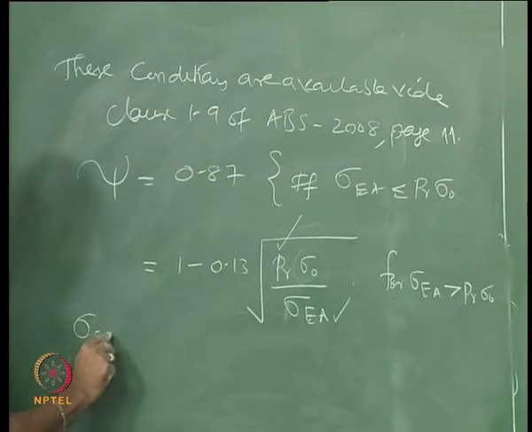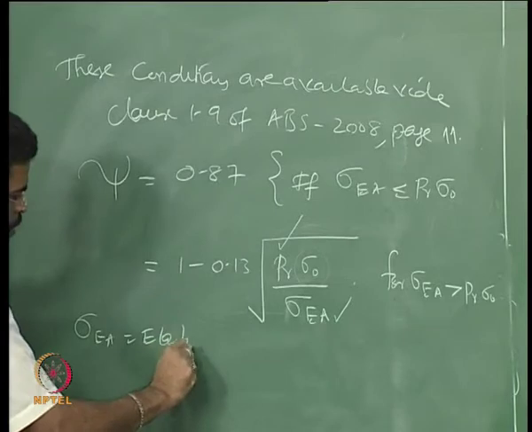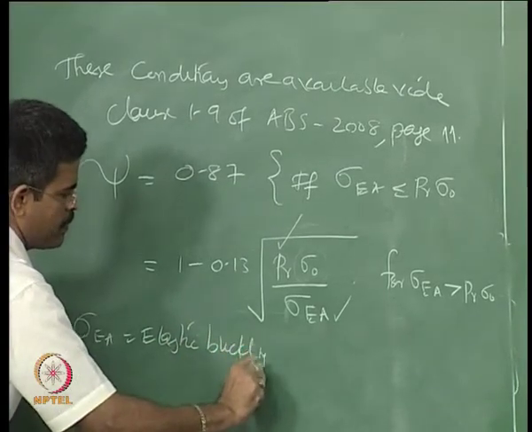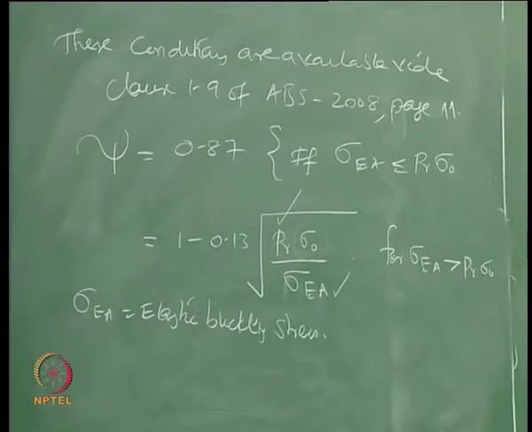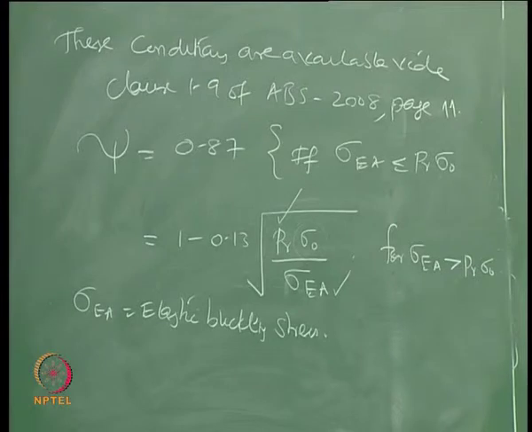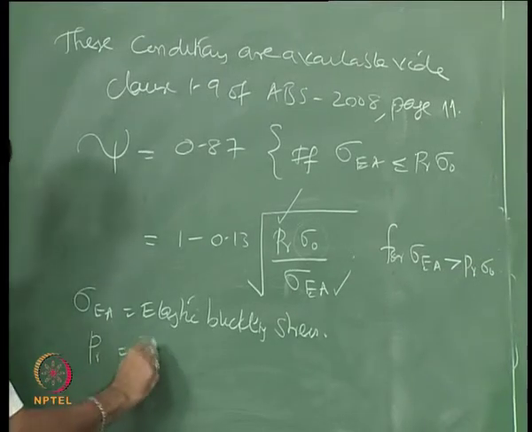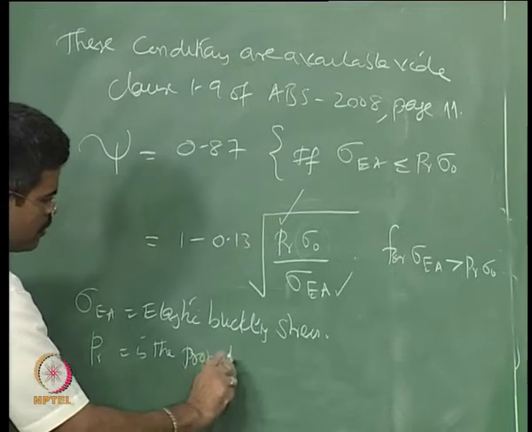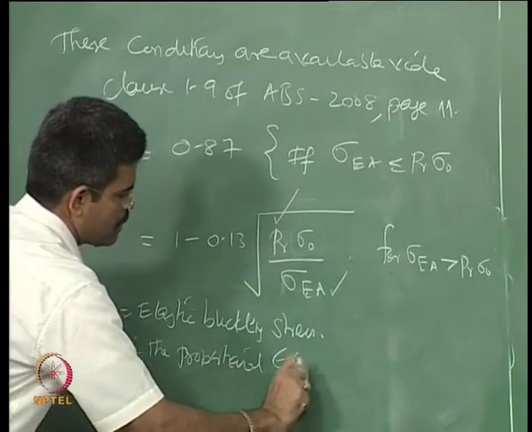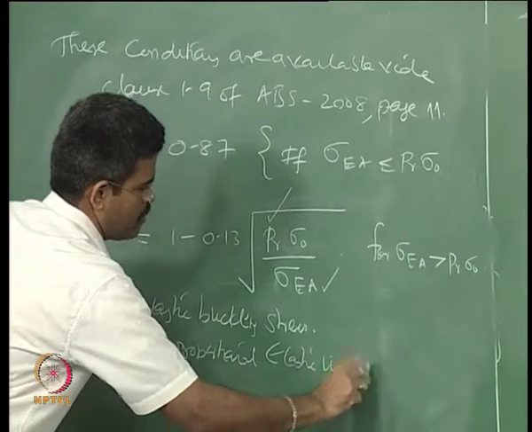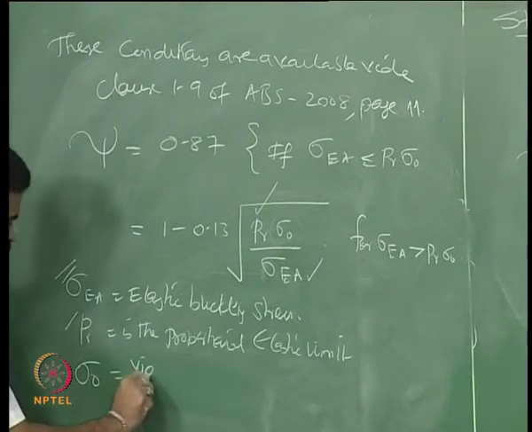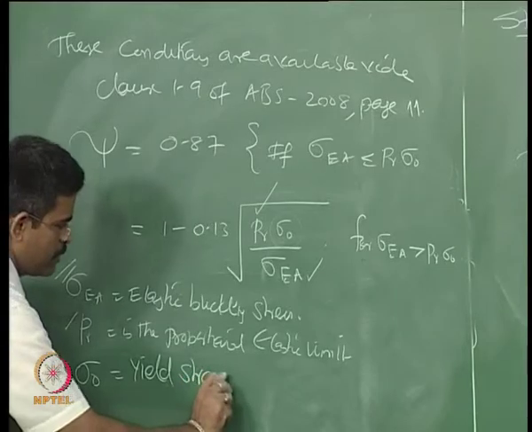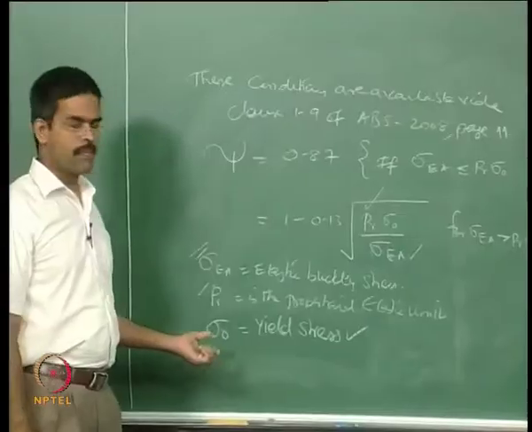Sigma EA is called the elastic buckling stress. PR is the proportional elastic limit, which is a material property, and sigma naught is the yield stress, which I know for the given problem.